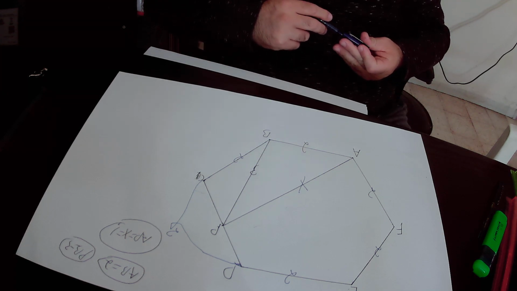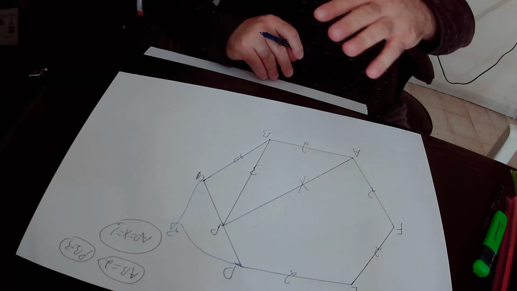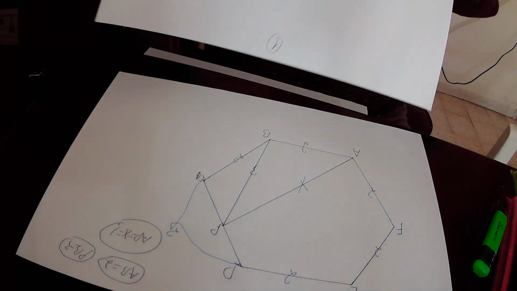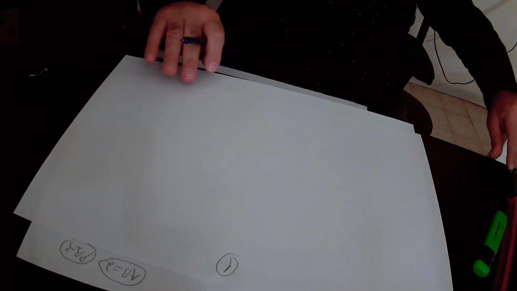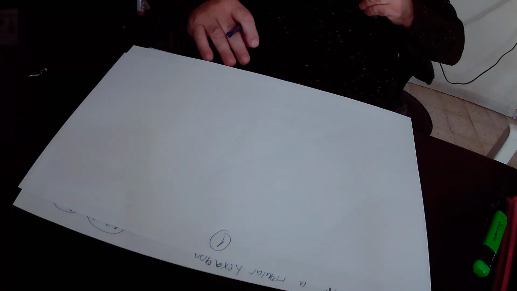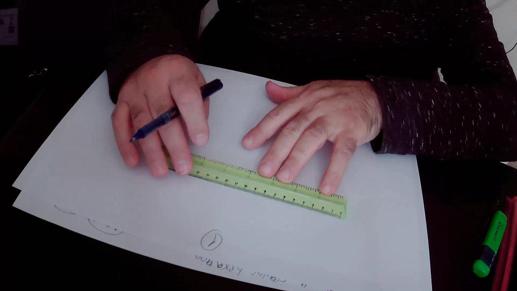So first of all, we find out what is the sum of the angles in any regular hexagon. So I will draw a regular hexagon. That could be any regular hexagon, and we'll find out what is the sum of the angles in any regular hexagon.